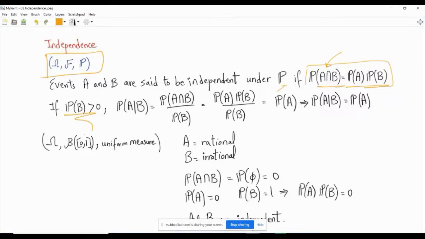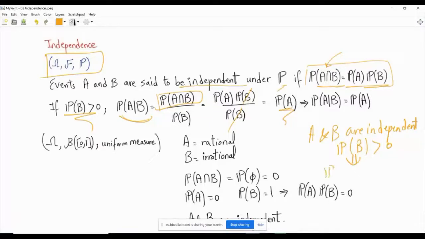Now, if it happens that the probability of B is strictly positive, then you can define the probability of A given B. The probability of A given B, by definition, is the probability of the intersection divided by the probability of B. Now, if A and B are independent, then according to the definition of independence, you can express the probability of their intersection as the product of two probabilities, P of A times P of B. Now, this guy will go with this guy, so you have a common positive number in the numerator and denominator, so you can eliminate this number, and you are left with the probability of A. So, if A and B are independent, and moreover, the probability of B is greater than 0, which means that B is an event we can condition on, then the probability of A given B is equal to the probability of A.